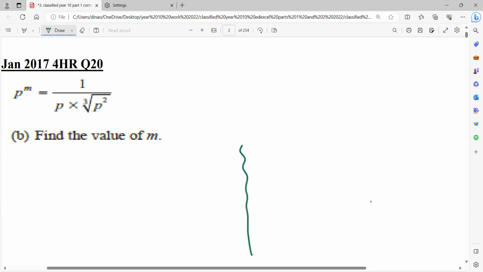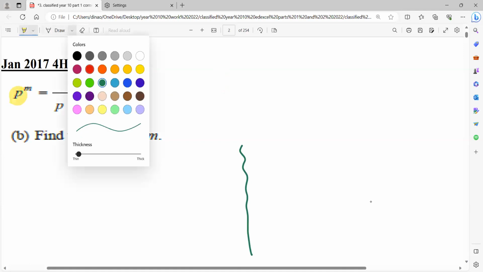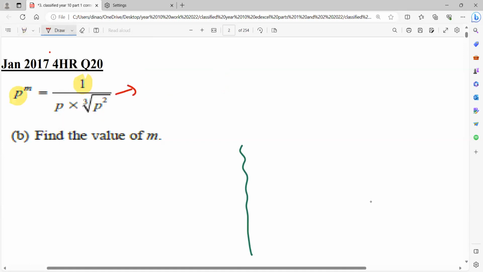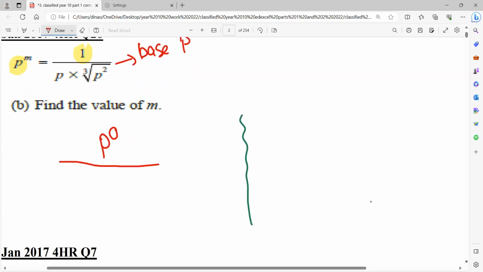I'm going to do the better approach, which is, since the question has a base of p, this means that every item in this fraction must have a base p. So the 1 will be changed into p power 0, according to what we said earlier, that we are allowed to remove the 1 and put any base that you wish, provided that the power is 0.